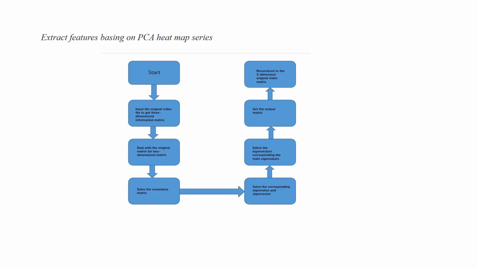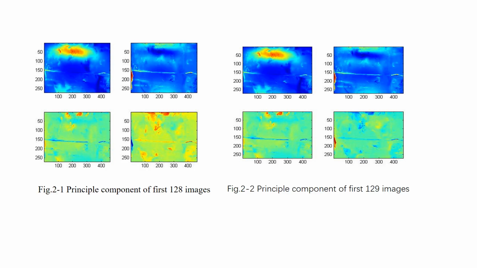We solve the covariance matrix, and solve the corresponding eigenvalues and eigenvectors, and then we select the eigenvectors corresponding to the main eigenvalues. Then we get the output matrix. And last, we reconstruct the three-dimensional original video matrix. That's the whole set of steps to extract features based on PCA.